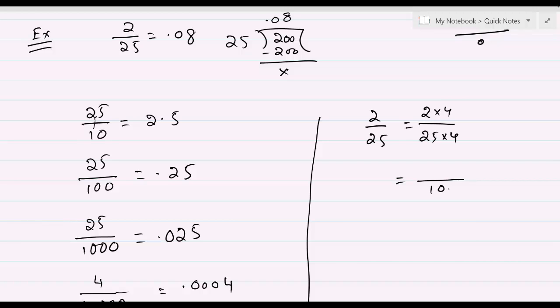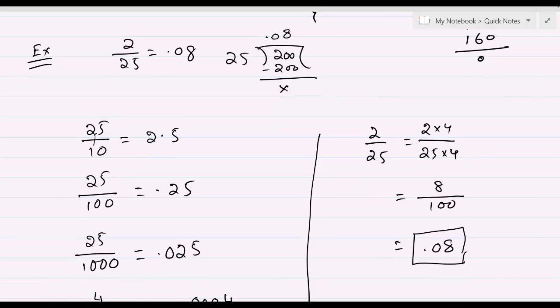Now in this case it becomes 8 over 100, and like you have seen, we have to place the decimal after two digits. If there is only one digit available, 8, we can add one more zero and then place the point, and in this case 0.08 is the answer. It's the same answer you got when you performed the long division, and you can compare those results.